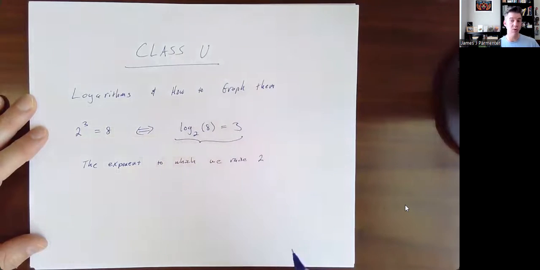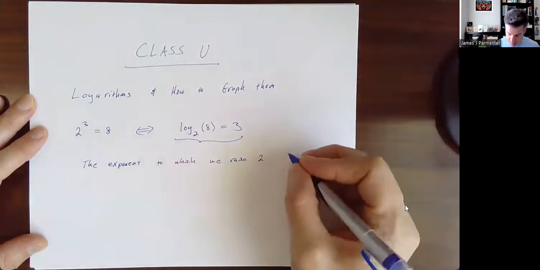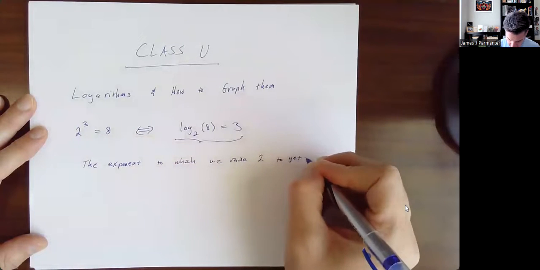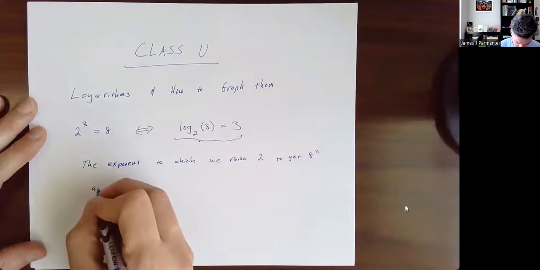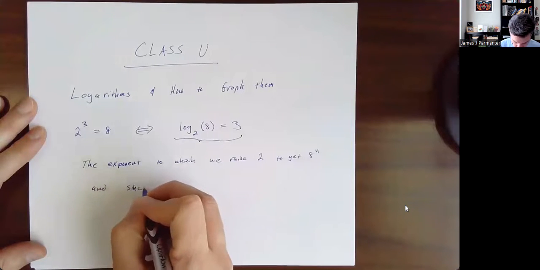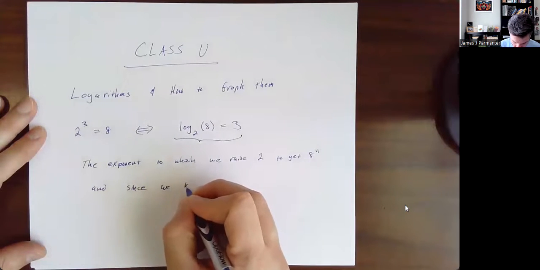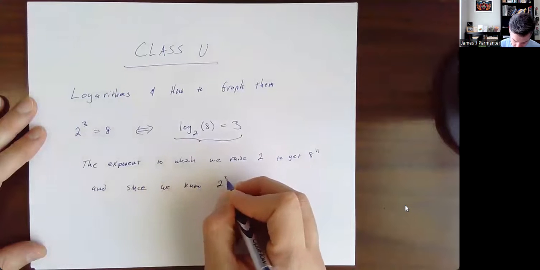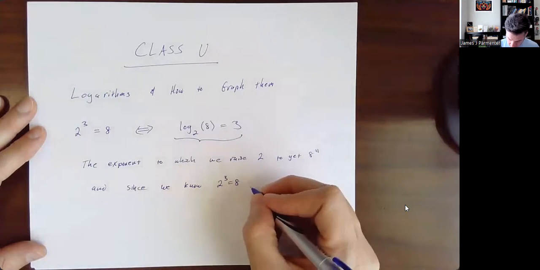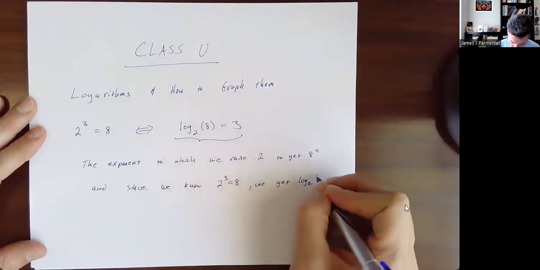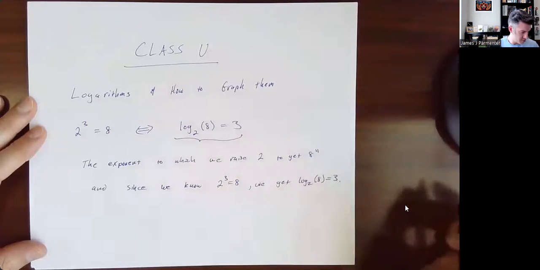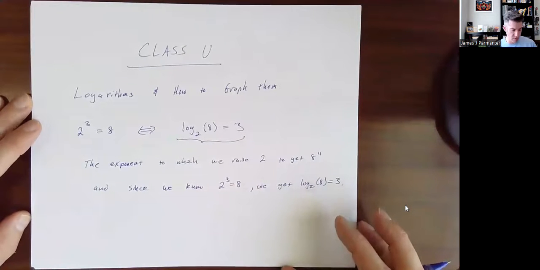We're raising 2 to that power, or to that exponent, to get 8. Those are the words I'm thinking. And then we can say, since we know that 2 raised to the 3rd power equals 8, then we get that log base 2 of 8 is equal to 3. And then we could extend this to a few more examples.